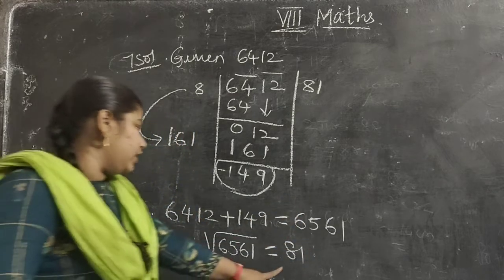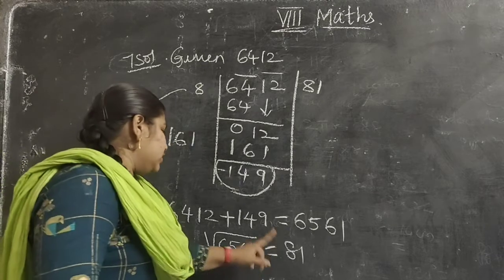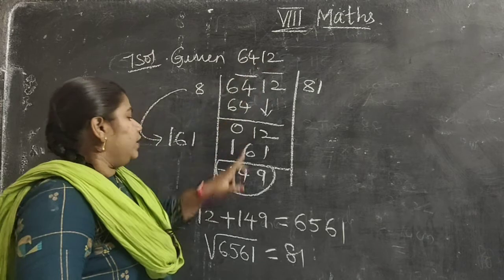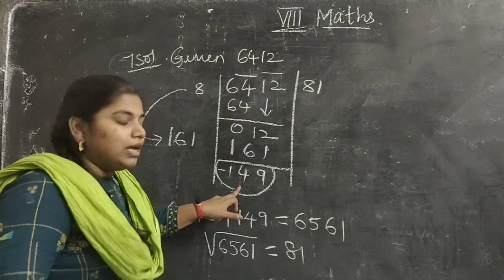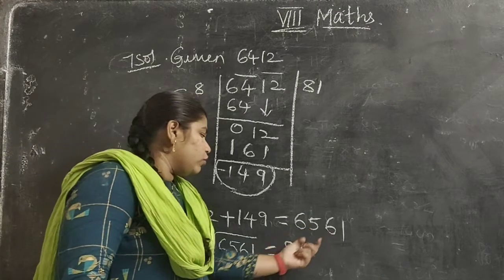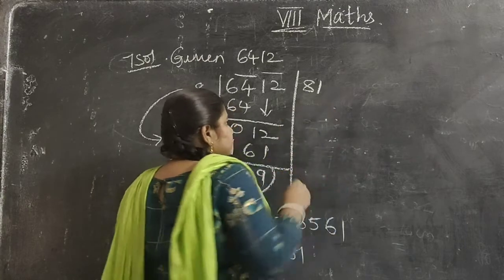So 81 81s are 6561. So for 6412, if you add 149, the result will be a perfect square number. So what is the square root of this? That is 81.